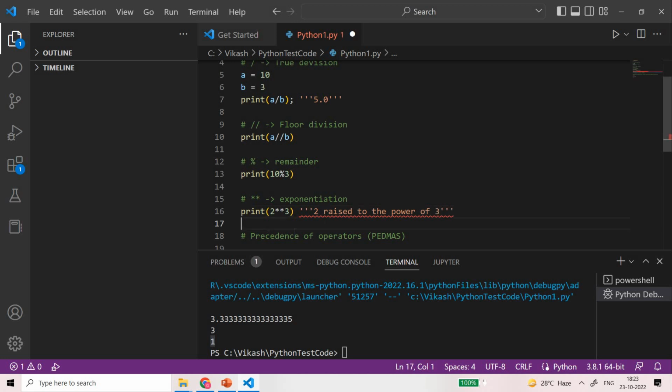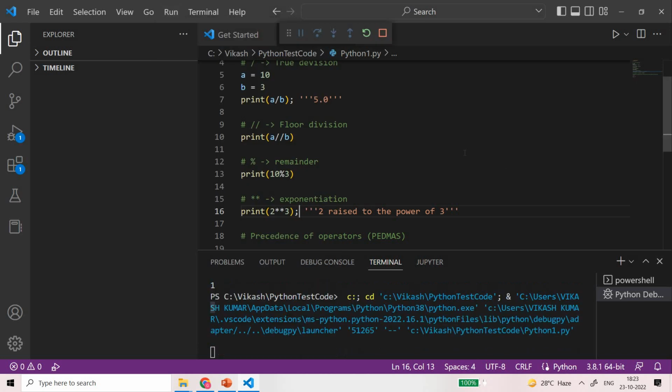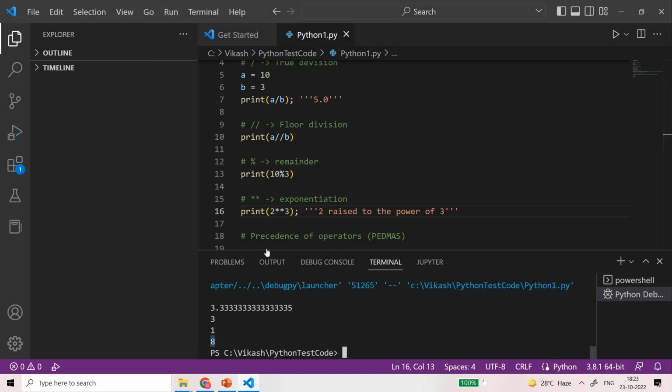Let's see what happens here. It came out to be 8, which means 2 into 2 into 2, 3 times. So 2, 4, 8.